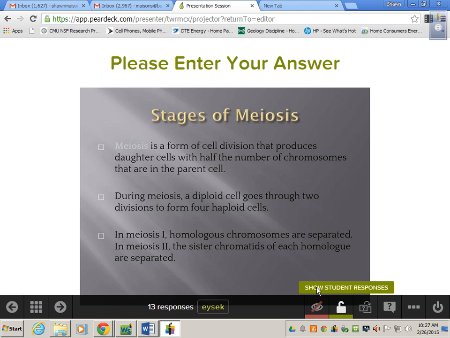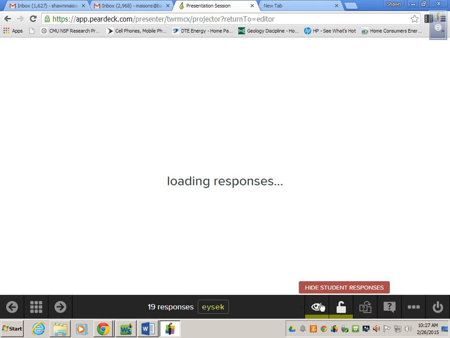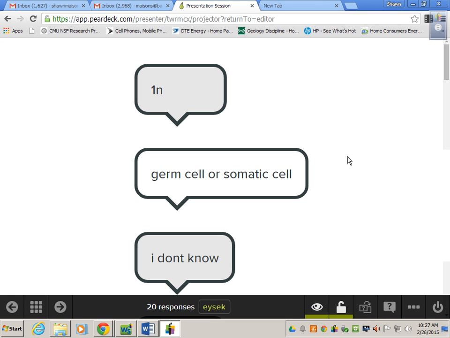What do we start with before we get sperm and egg? I'm slowly eliminating all the wrong answers. They're not somatic cells. They are germ cells, not somatic cells.